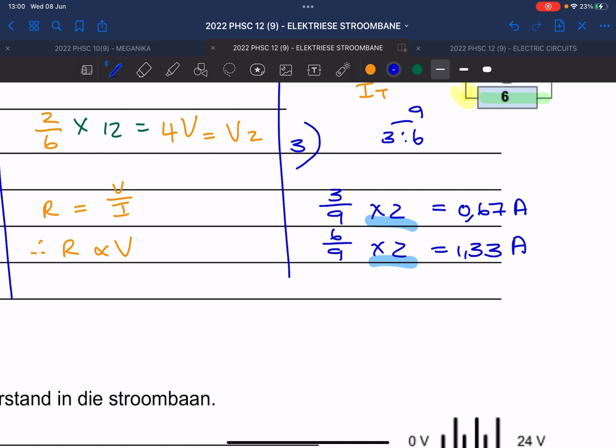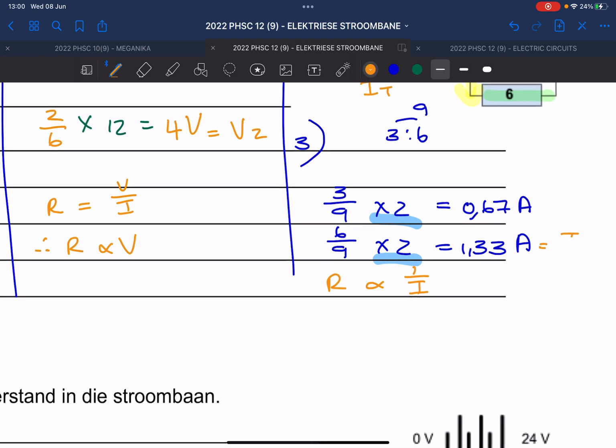Okay, and now I must remember, what are we busy comparing? Resistance with current. They are inversely proportional to one another. So R is omgekeerd evenredig aan stroom. Meaning the bigger current will go to the smaller resistance. So hier is wat jy gaan sê, dit is die stroom deur die 3 ohm en dit is die stroom deur die 6 ohm.